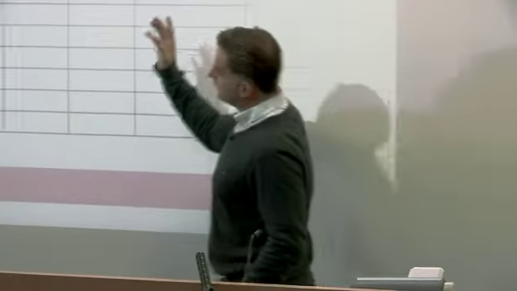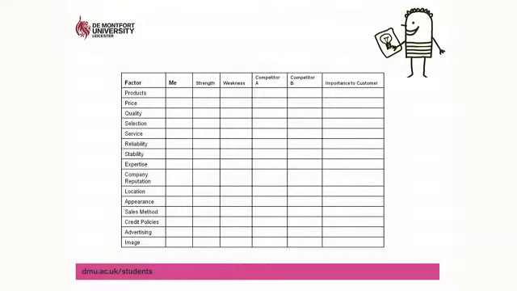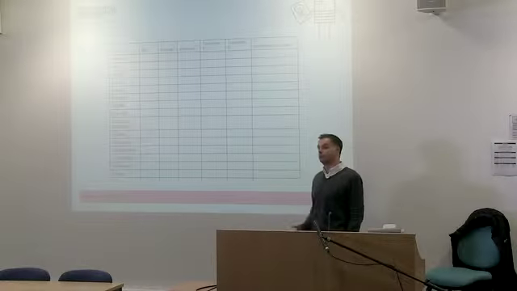So anyway, we look at any particular factors that are relevant to your business and your business idea. These are just examples, and you don't have to use them all. We decide what factors are going to be important for our business. So you might find range of products, price, and quality of the products all as being important factors.